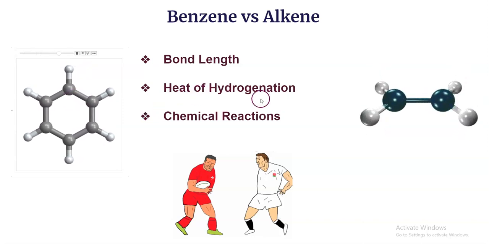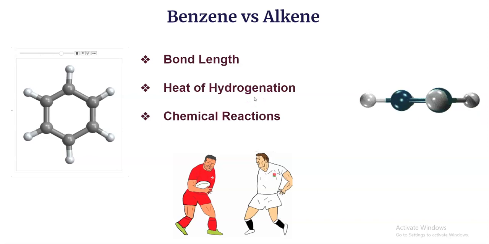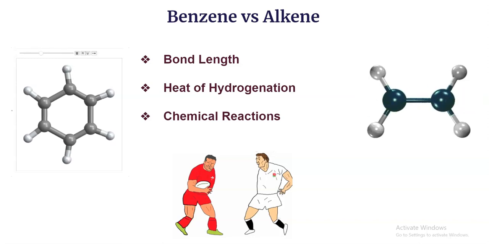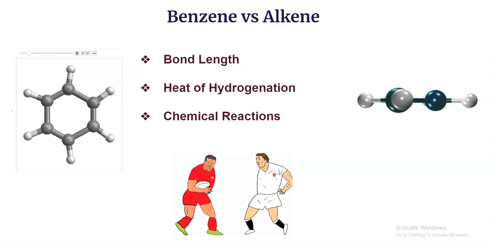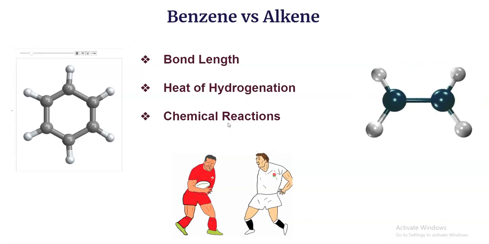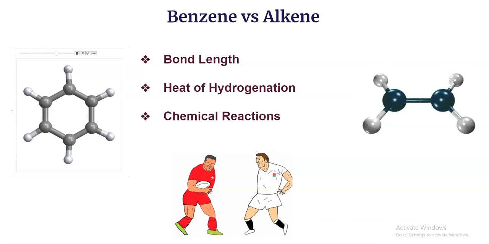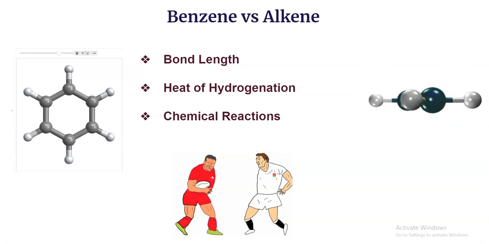Then we're going to look at the heat of hydrogenation, the amount of energy involved in the hydrogenation of benzene, and see how that number can be used to distinguish it from other alkenes. And we're going to look at the chemical reactions that benzene undergoes and how those are different from the reactions that the alkene family undergoes.